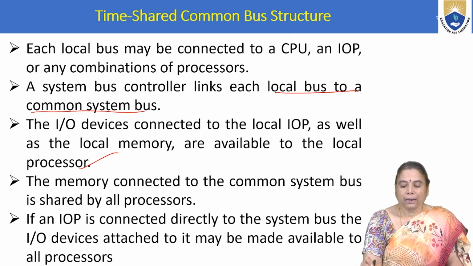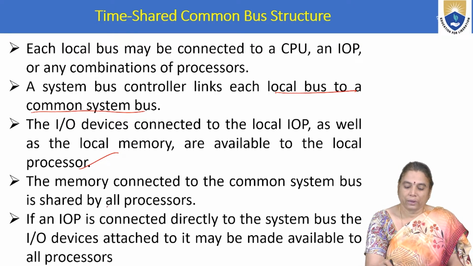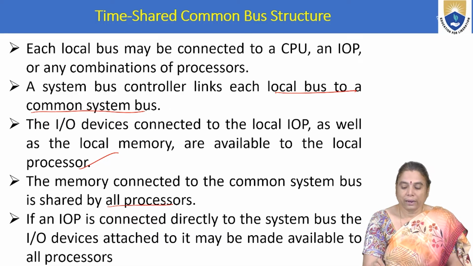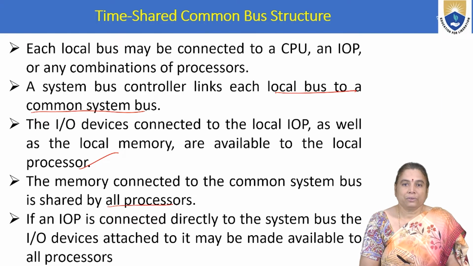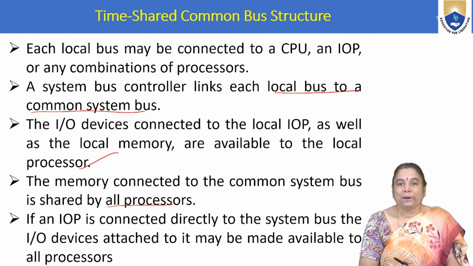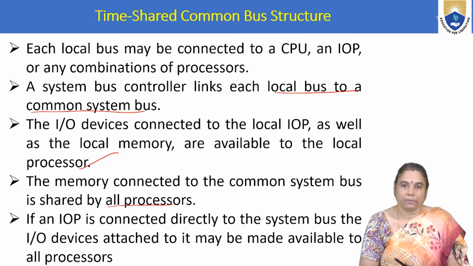The memory connected to the common system bus is shared by all the processors. If an IOP is connected directly to the system bus, the IO devices attached can be made available to all processors. If the input-output devices and shared memory are common to all processors, then these can be connected to the system bus. The local bus is used particularly to connect the resources for the local processor itself.